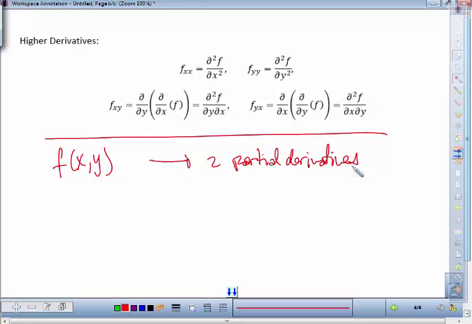Now, when you go to the second derivative, maybe I should put first derivatives here. When you go to the second derivative, it turns out that there's going to be more than two.